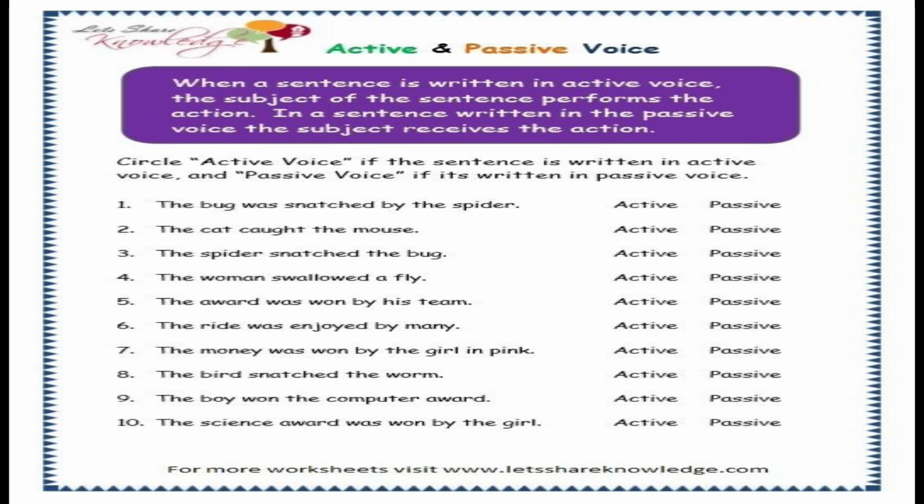Number 8, the bird snatched the worm. It is main verb only: subject, verb, object. That's why it is active. Now 9, the boy won the computer award. Main verb only, no by.